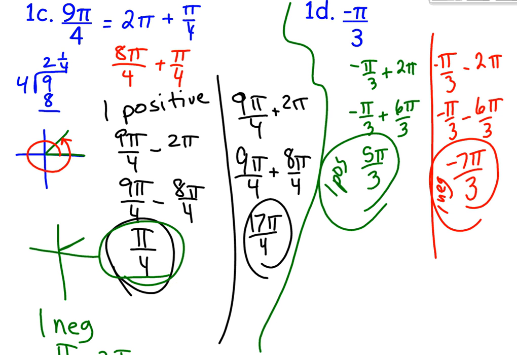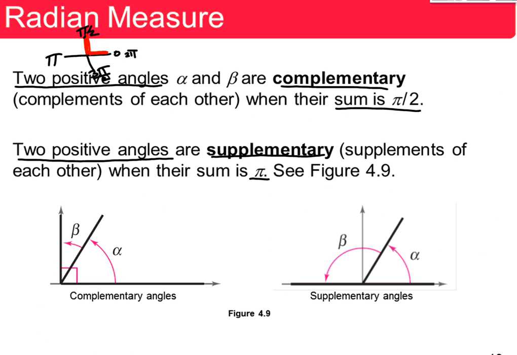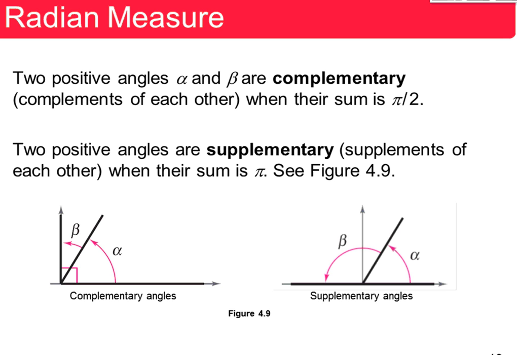So do you remember what complementary and supplementary angles are? Complementary angles add to be 90, or excuse me, pi over 2, and supplementary add to be 180 or pi, right? Two positive angles, alpha and beta, are complementary, or complements of each other, if their sum is pi over 2, and two positive angles are supplementary if their sum is pi.